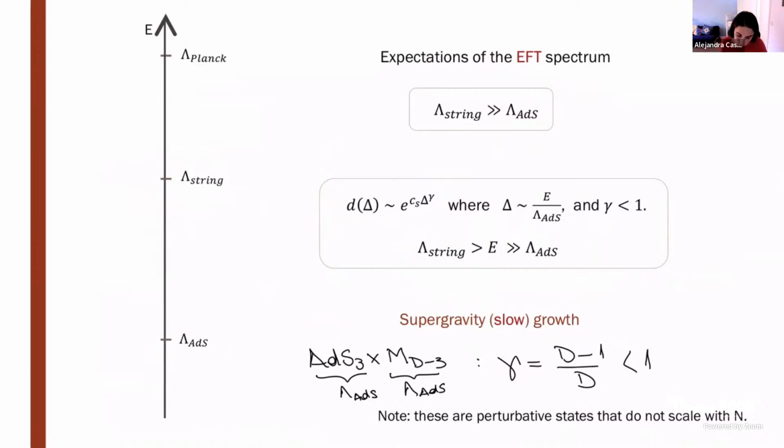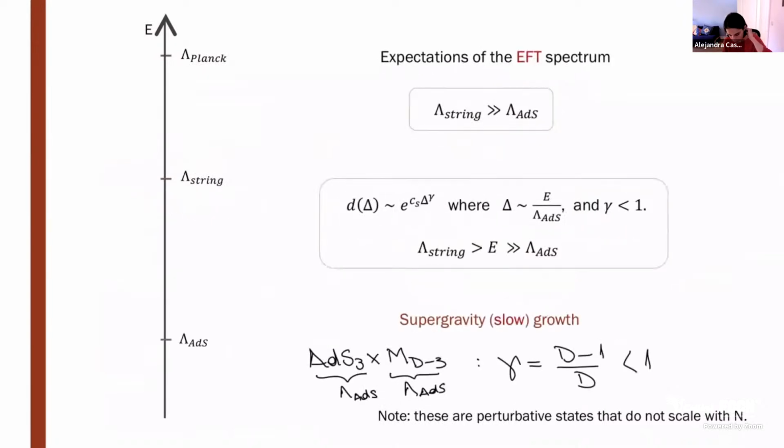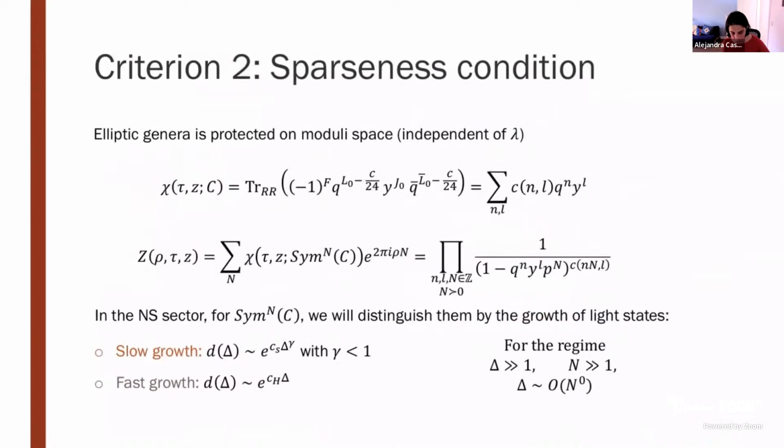So this is what I mean by slow. This will be my connotation of a slow spectrum versus the previous one, which was a fast spectrum. This is the condition that we're going to impose on the elliptic genera. We want to distinguish between slow and fast growth of the spectrum.